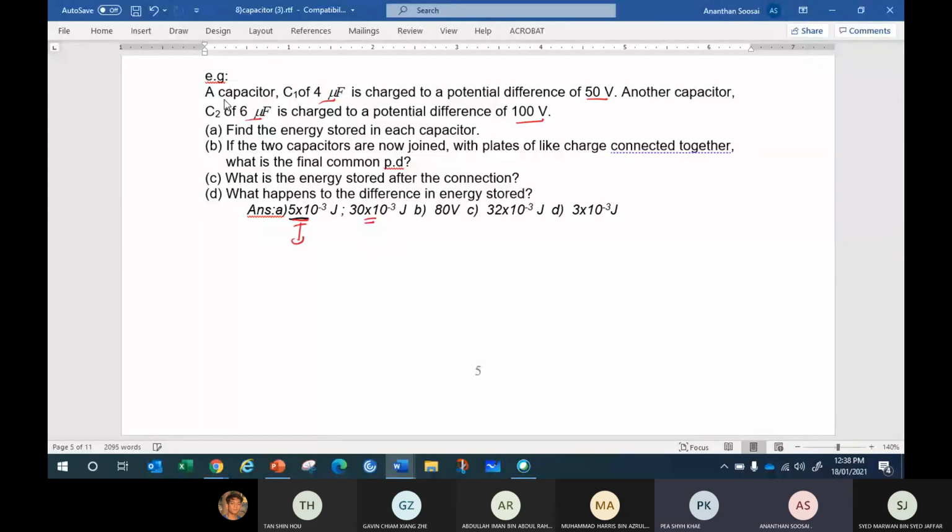For the first one, what formula should be used? For C1, you know C and you know V, so the best formula is half CV squared. So C is 4 microfarad, 4 times 10 to the power of -6, and V is 50 squared. So you get your answer, right?